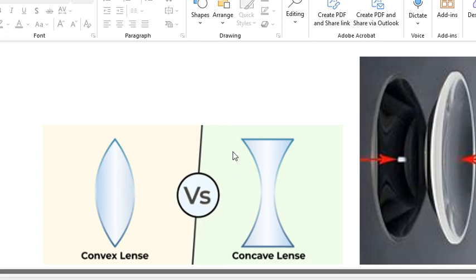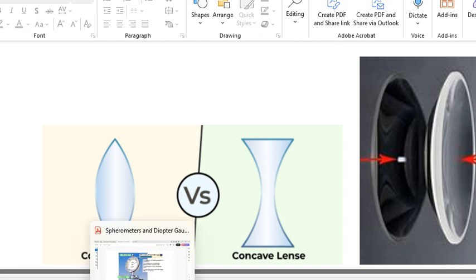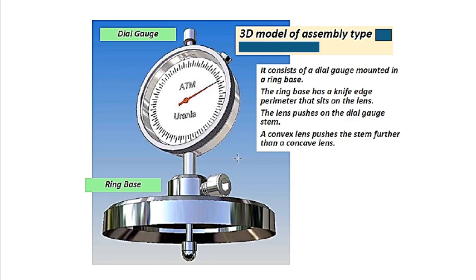Your concave is like this, so when the stem tip touches this surface, it goes further down. And the convex is like that, so the tip is going to push up. So that's what we're talking about here: concave, and then your convex like this.